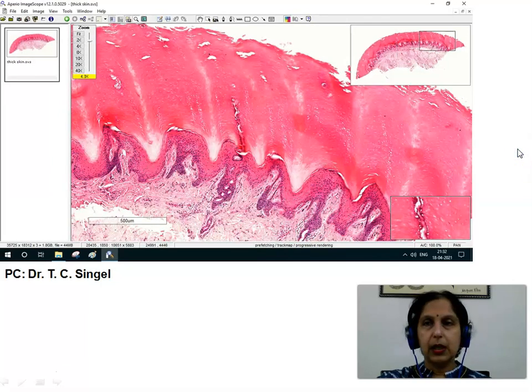A high power view of this helps us in having a good view of the stratum basale, the stratum spinosum, the basophilic stratum granulosum, stratum lucidum, and a thick layer of stratum corneum.